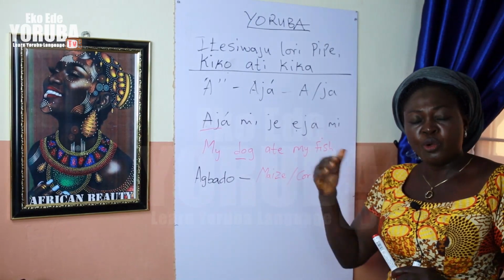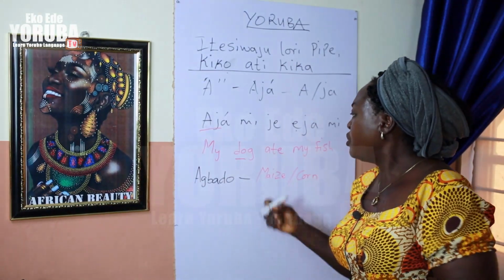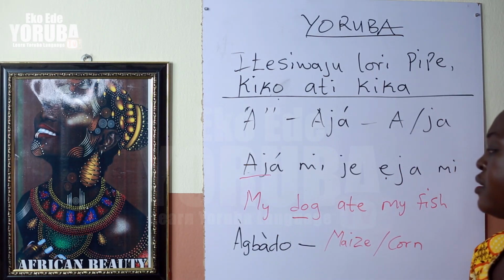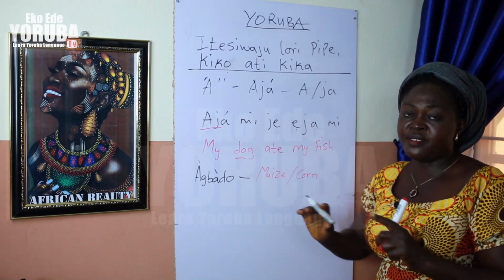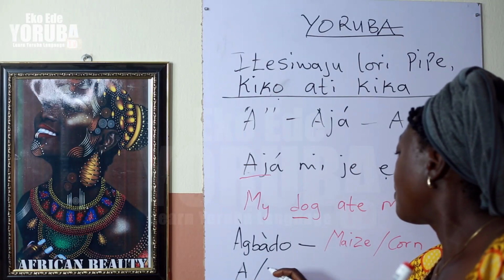I've told you do, re, mi before. Now, àgbàdo, do, re, do, re. Anything re, I've told you that it has no sign. Àgbàdo.